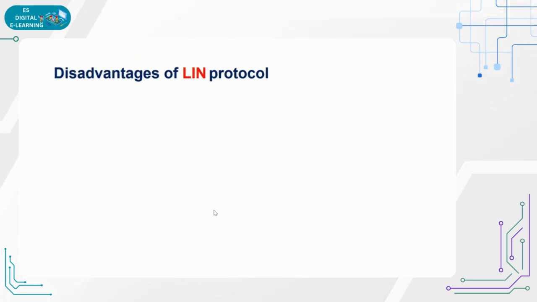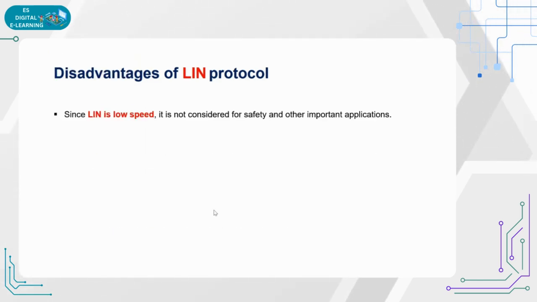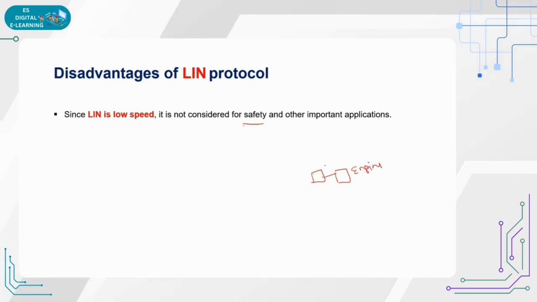And what are the disadvantages of the LIN protocol? It is low speed, okay, and for safety concerns it's not sufficient. For example, you have an airbag and an engine, and meanwhile your car is going at some speed.